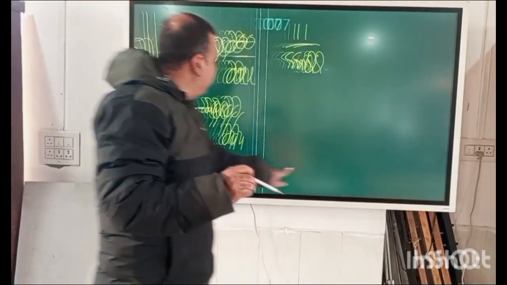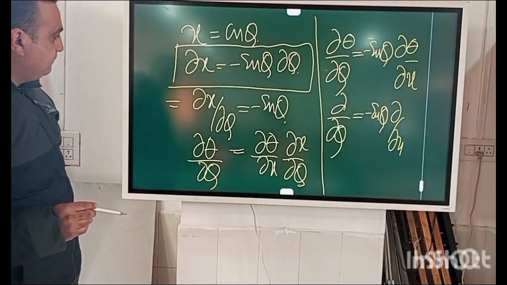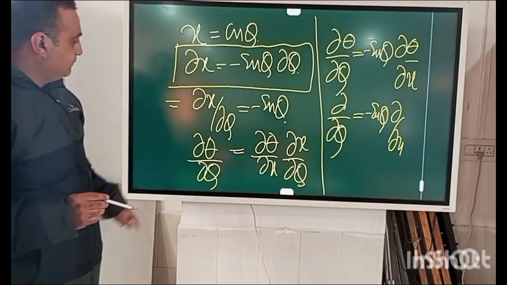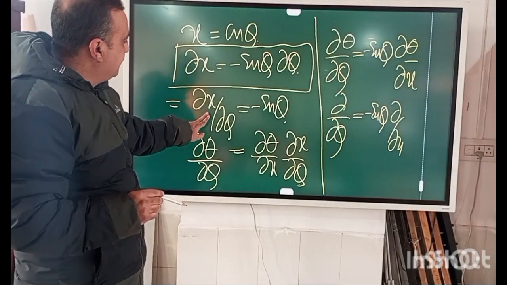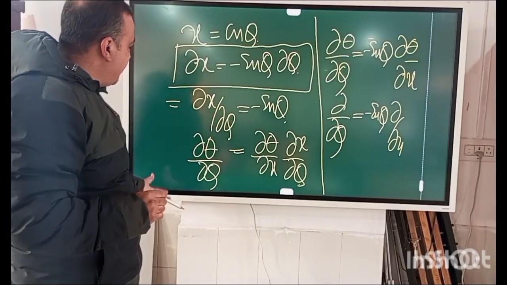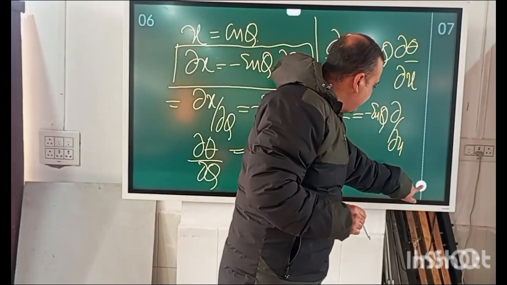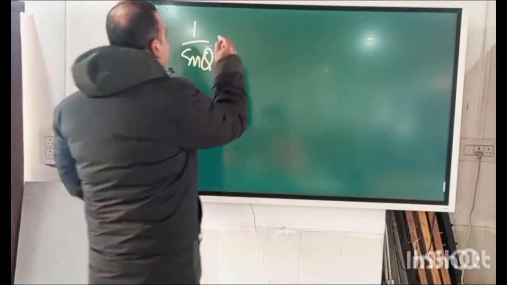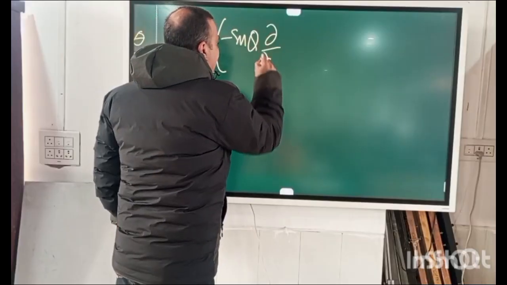Dou by dou theta is minus sine theta dou by dou x.